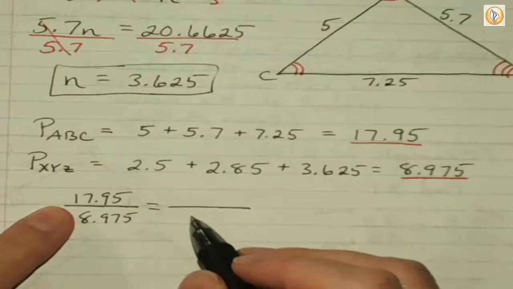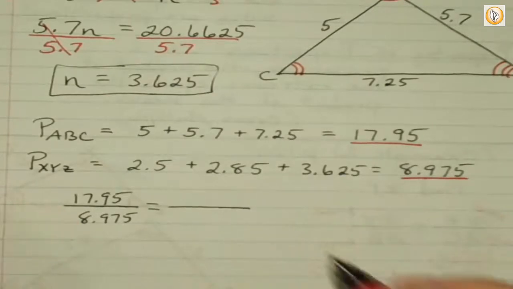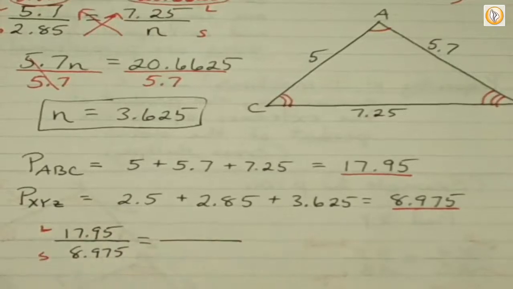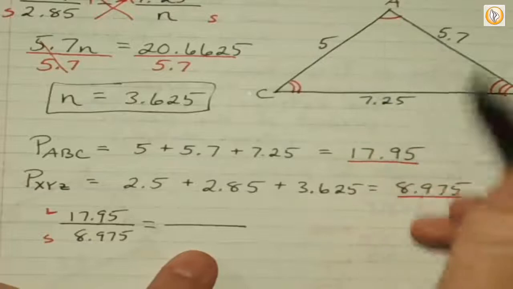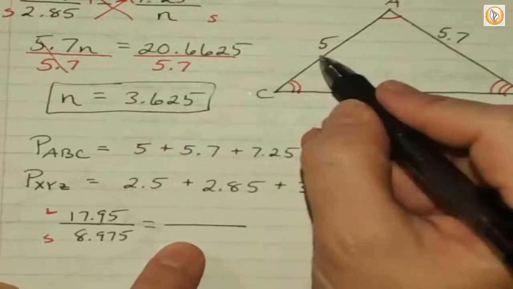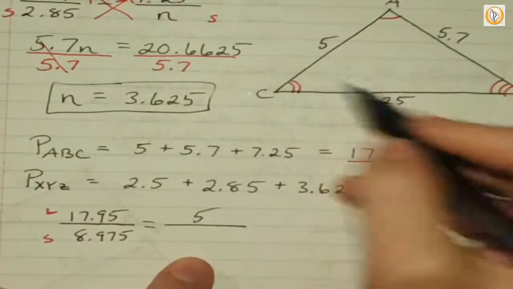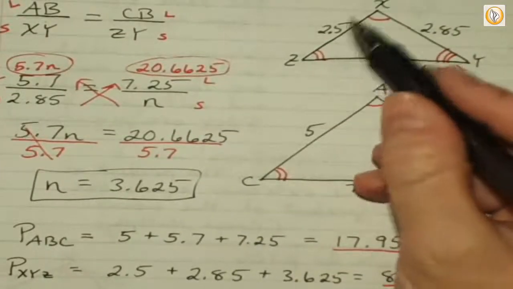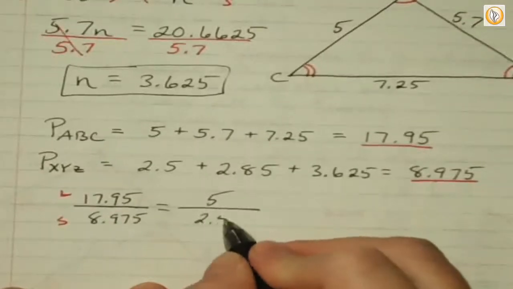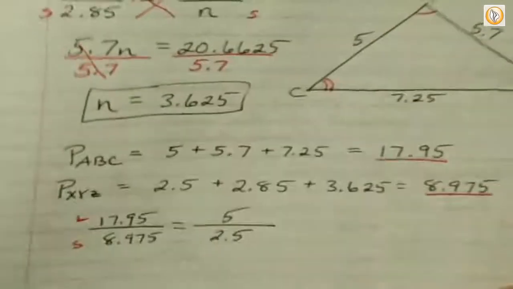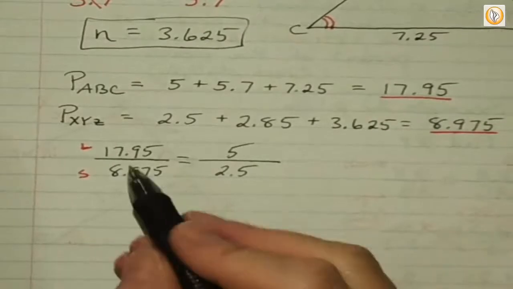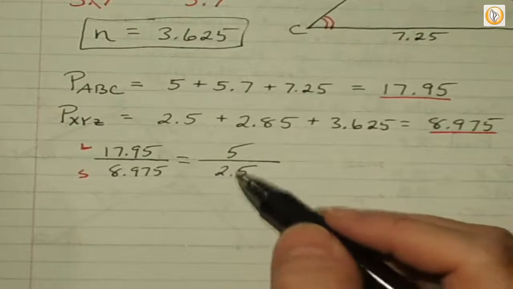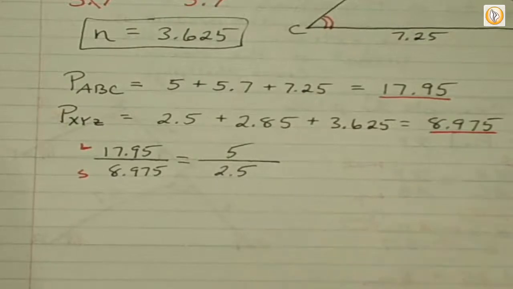So 17.95, that's the large triangle. This is the small triangle. So find some side. I'm going to choose 5 from the large one and 2.5 from the small one because they correspond. So we're comparing the ratio of the perimeters to the ratio of their sides. Any sides as long as they're corresponding.